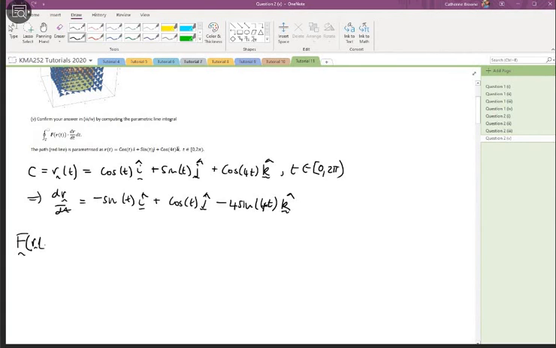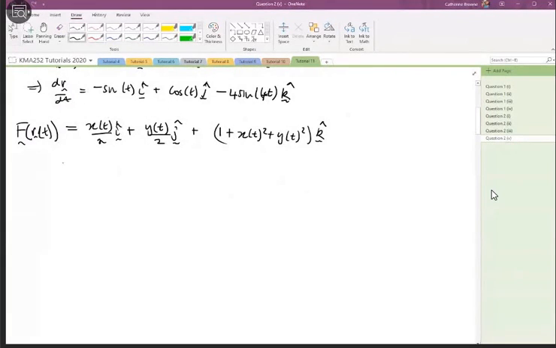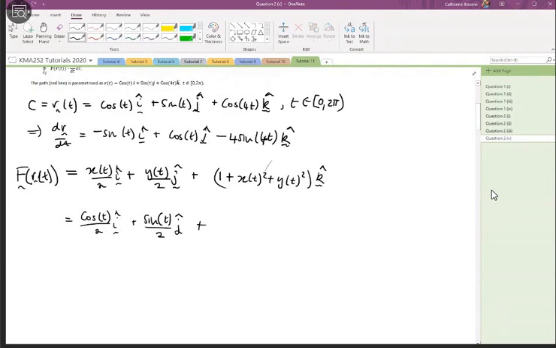And we need to find F of r of t. So I'll get 1 plus cos squared t plus y sine squared t. So this part here is just going to be 1, so it's going to be 1 plus 1, so 2k.